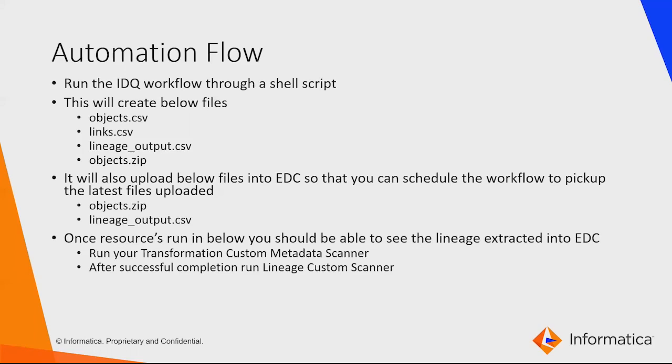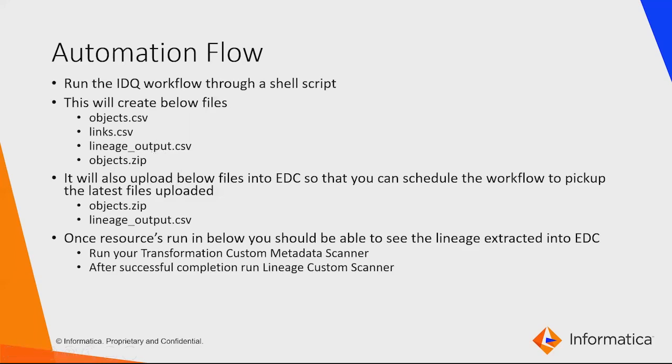What exactly is the shell script going to do? As a prerequisite in EDC, for the metadata scanner, you need to upload a zip file. You need to zip the object and link files into an object.zip file. The shell script will handle that: it converts the output files created by IDQ into a zip file, and uploads these two files into EDC using the EDC REST API framework.